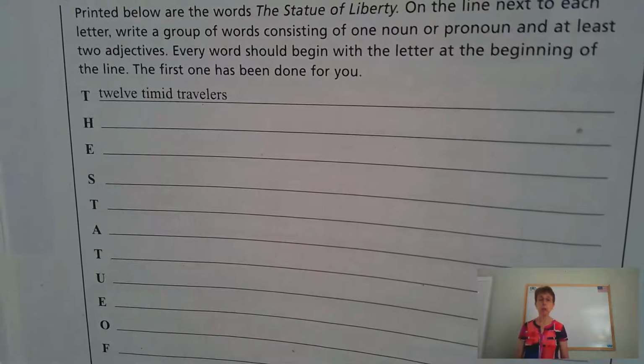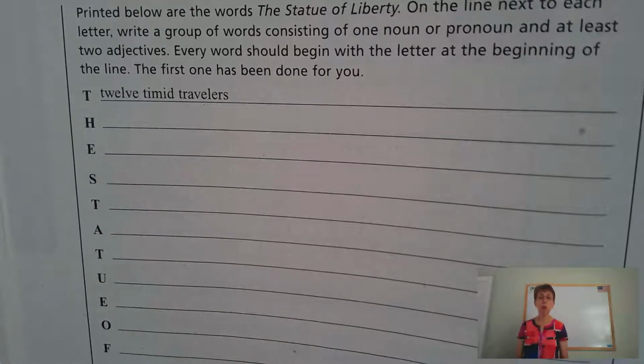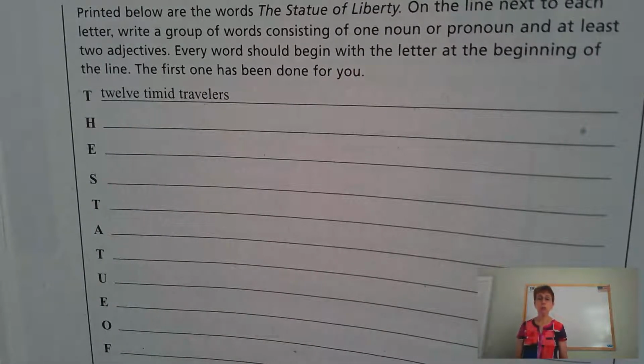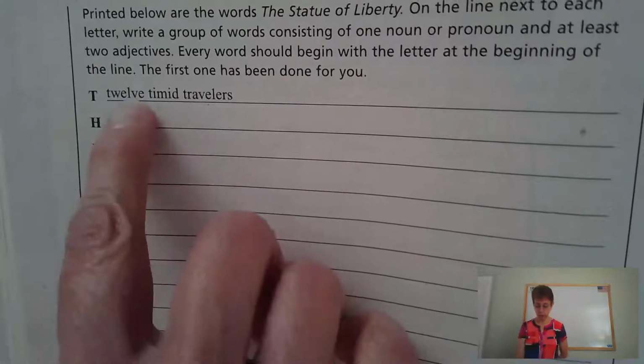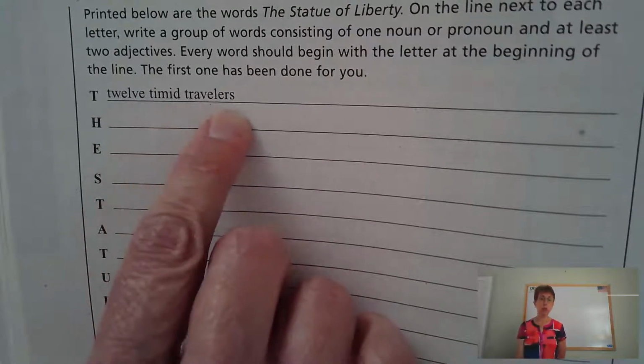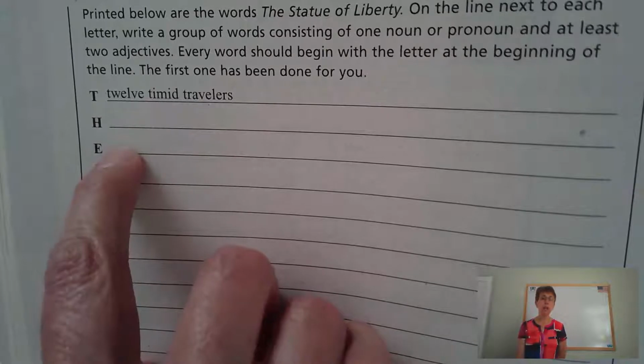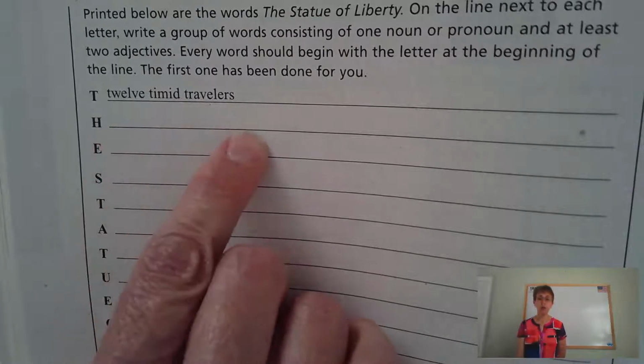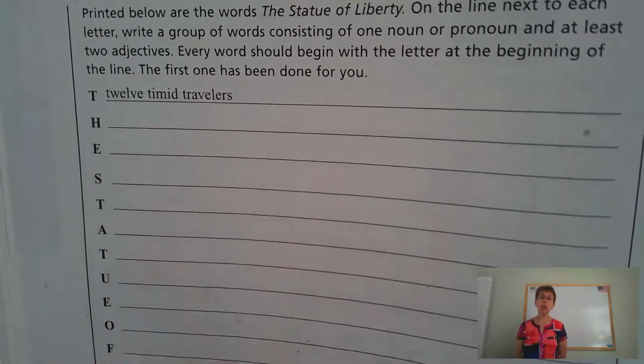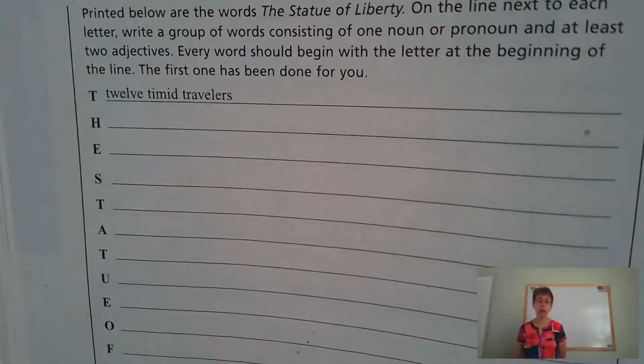But remember that you're using two or more adjectives to describe a noun or a pronoun. Again, 12 and timid tell us what kind of travelers. If I said hot, hungry hippos, then hot and hungry are also describing the hippos.